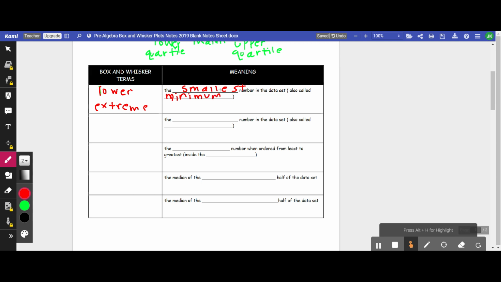And then the next important part of your box plot is the other side, your upper extreme. This will be the largest number in the data set, and sometimes it'll be called your maximum.